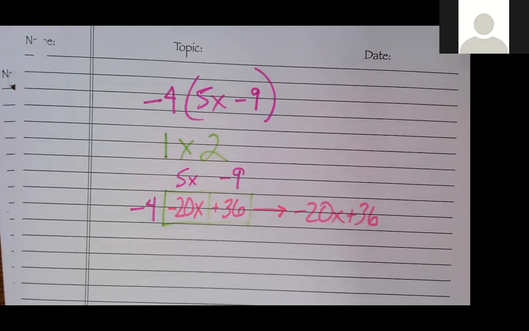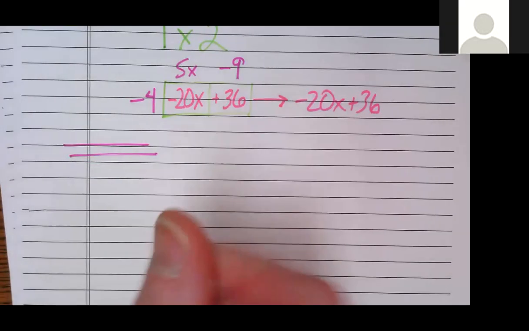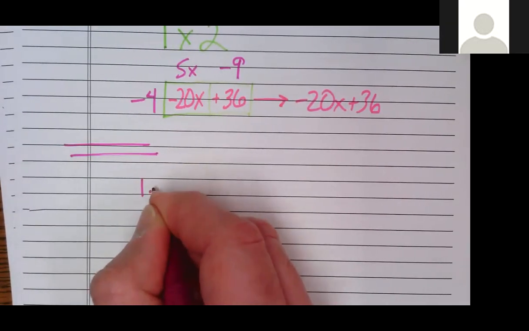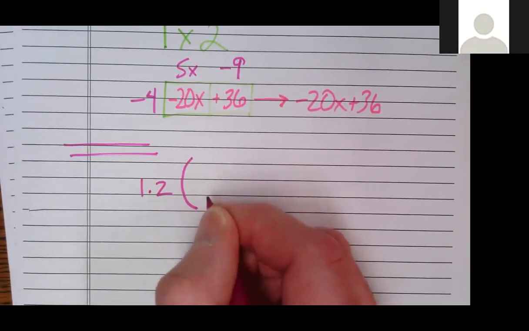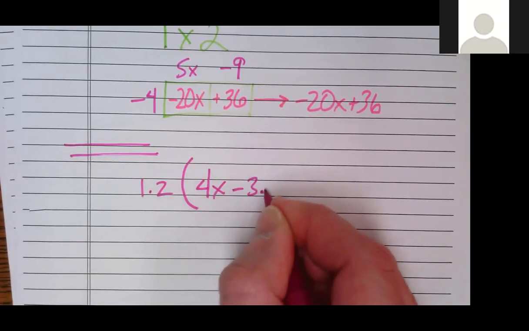Now, here's the next thing. And I will tell you, in a minute, you're going to probably want to use calculators, because I won't know the answers without this. They're going to give you a problem that's going to look like, and I'll do a double line here to say we're doing a new example. They'll give you a problem that looks like this. We'll go like 1.2 times 4x minus 3.5.